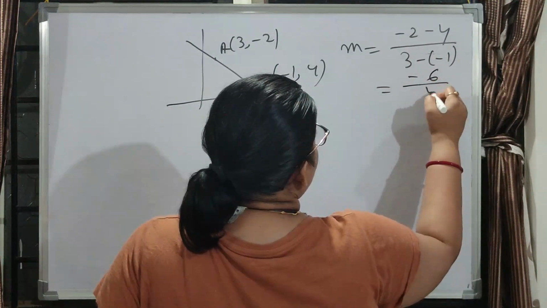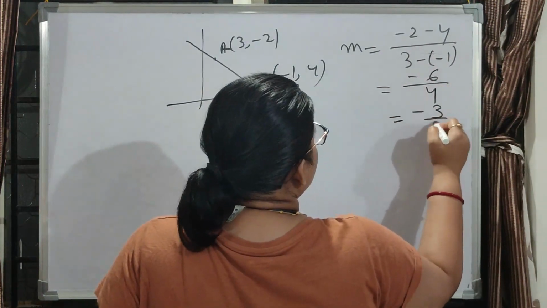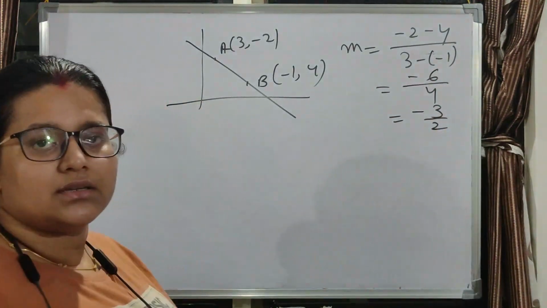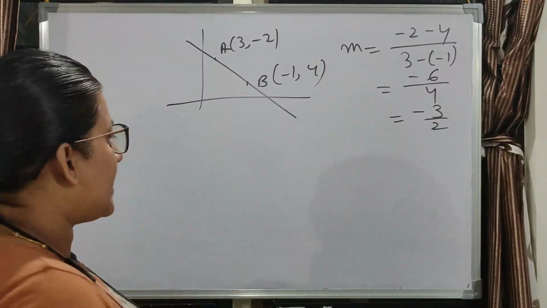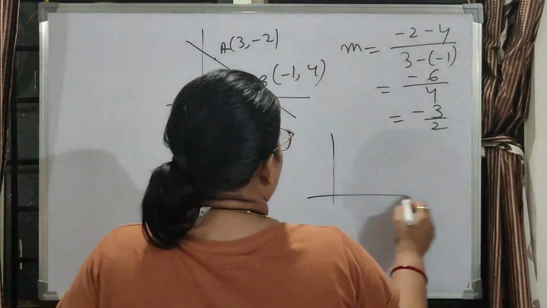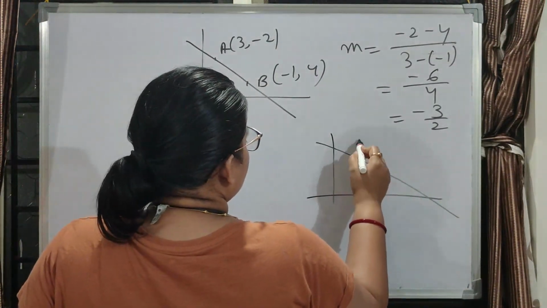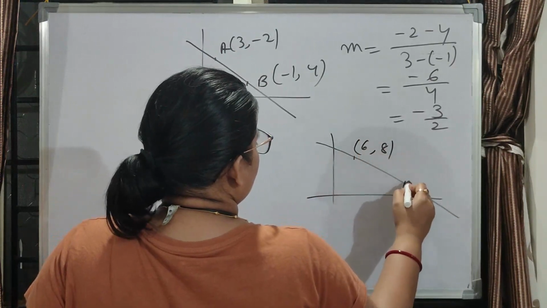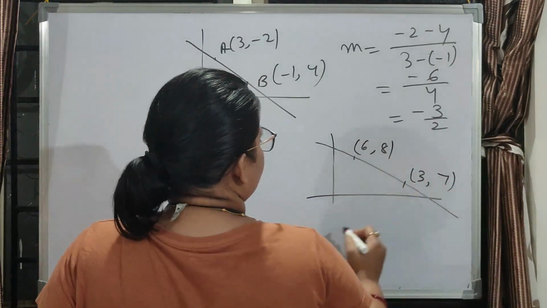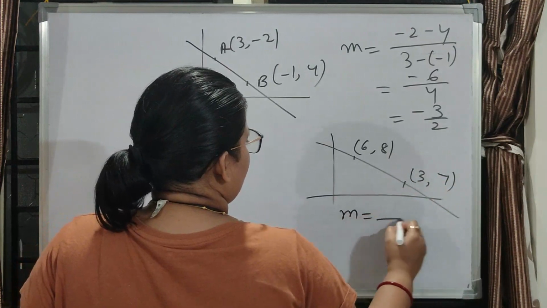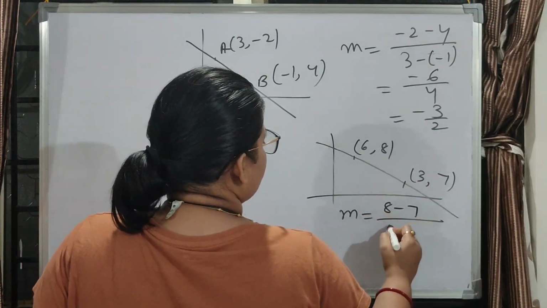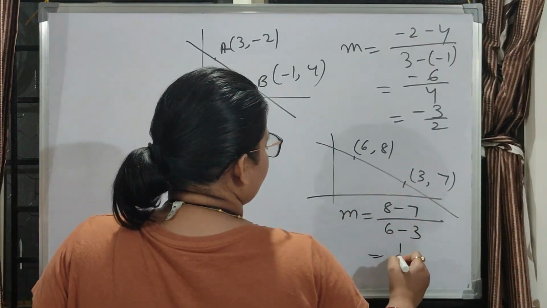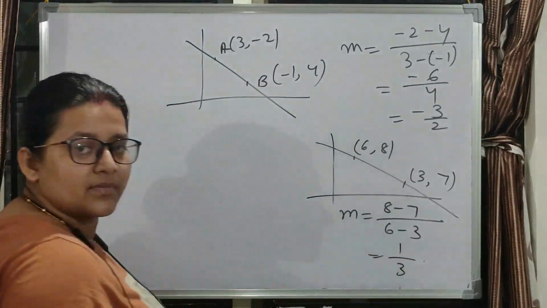So minus 6 upon 4, that is minus 3 by 2. This will become our slope. Again, for another example, suppose here 6 comma 8, here 3 comma 7. So slope m equals 8 minus 7 by 6 minus 3, that is 1 upon 3.